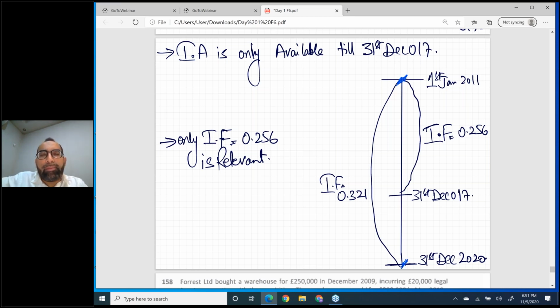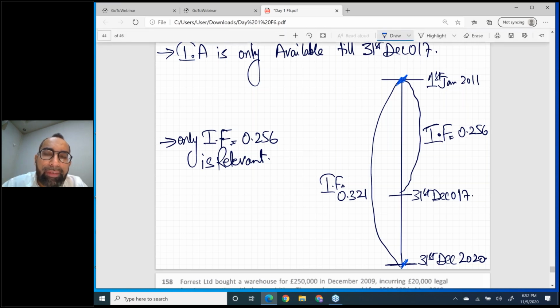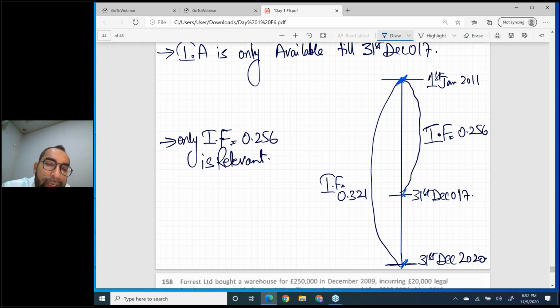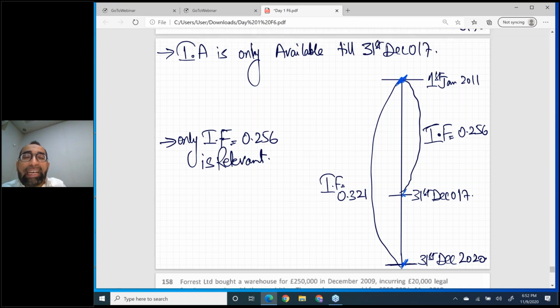Now in the question there are two index factors given. One index factor is given from 1st January 2011 to 31st December 2017, that is 0.256. The second index factor is given from 1st January 2011 to 31st December 2020, that is 0.321. Now you tell me which index factor is relevant for us.